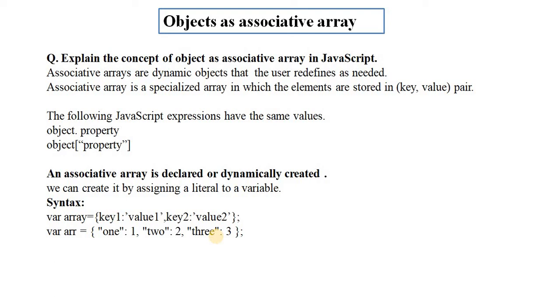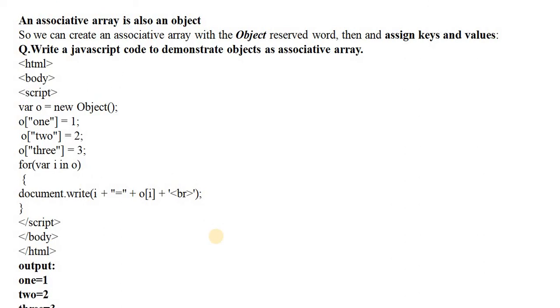Unlike simple arrays, we use curly braces instead of square brackets. This implicitly creates a variable of type object. Next point is that an associative array is also an object. By using the reserved word object, we can create an associative array and then assign the key value pairs.